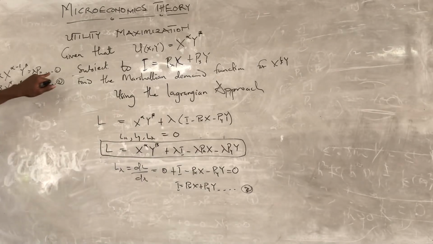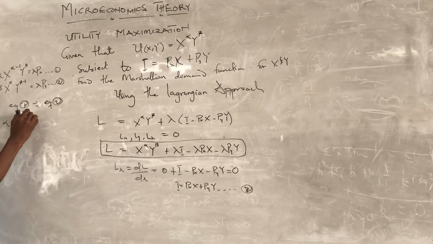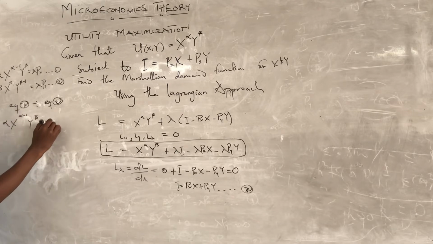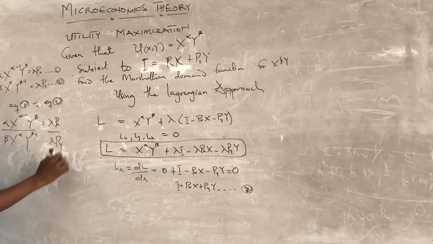Now with equation 1 and 2, what we are supposed to do is divide equation 2 by equation 1. You can do it the opposite way, equation 1 by equation 2. So let me do equation 1 divided by equation 2. When I do that, I'll have alpha x^(alpha minus 1) y^beta equal to lambda px divided by beta x^alpha y^(beta minus 1) over lambda py.